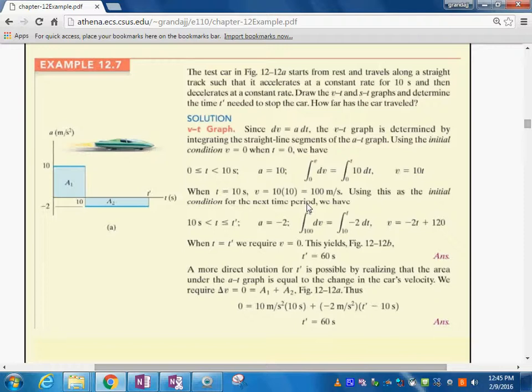Draw the velocity versus time and the position versus time graphs and determine the time t prime needed to stop the car.